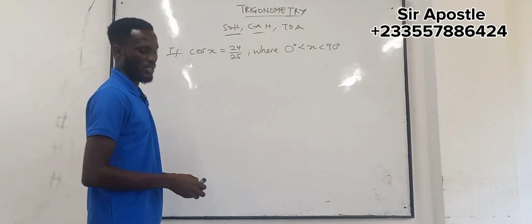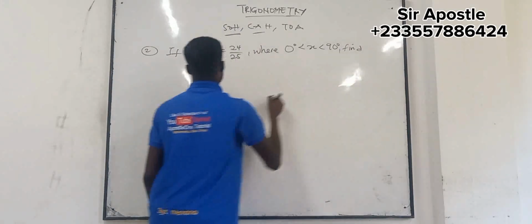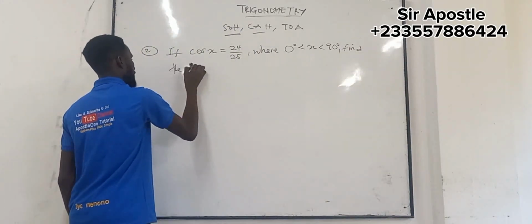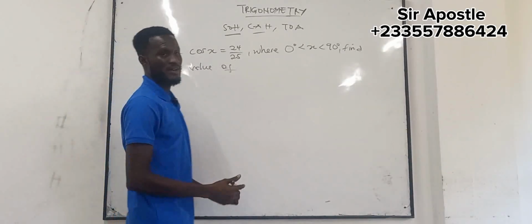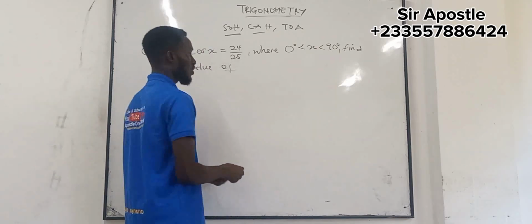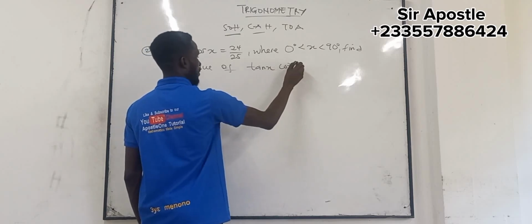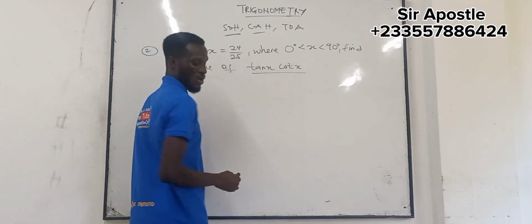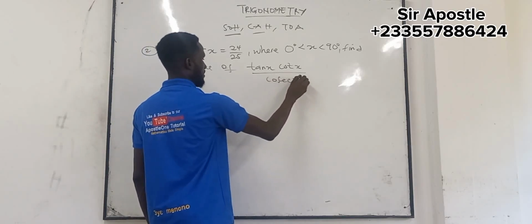Find the value. They can ask us to find the value of a particular expression. So we can find the value of tan x cot x all divided by cosec x.